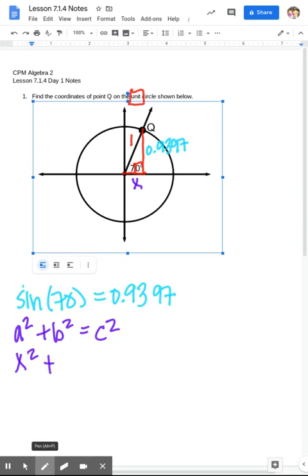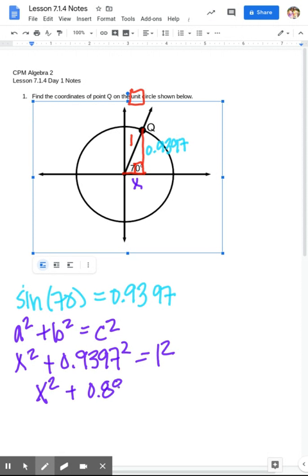So we have x squared plus 0.9397 squared equals 1 squared, which gives us 0.883 plus x squared equals 1. And then we're going to solve by subtracting that on both sides.